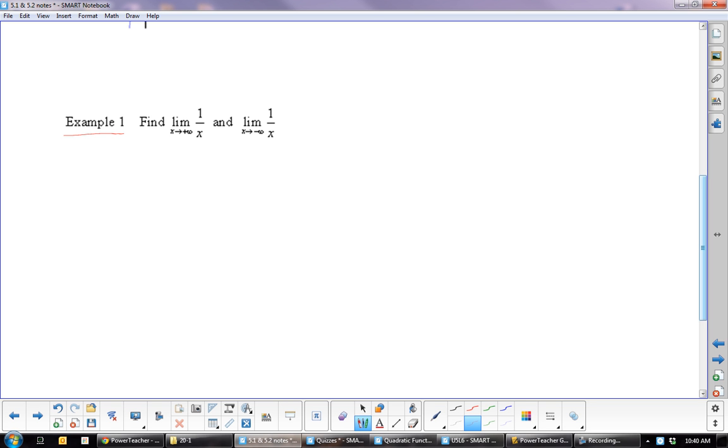Now, first of all, let's just talk about what would be the vertical asymptote of 1 over x? 0. Okay, so if we're just going to draw a graph, we have this. And then do we have any x-intercepts?